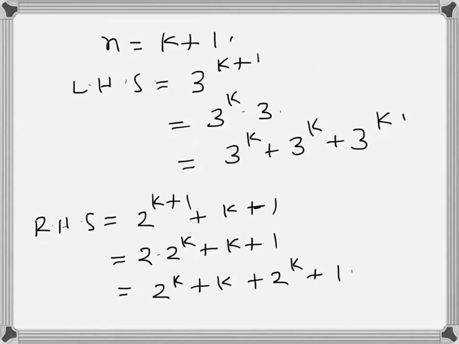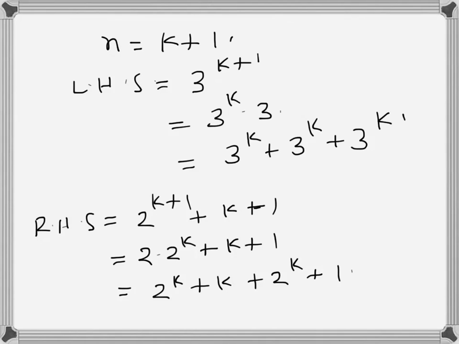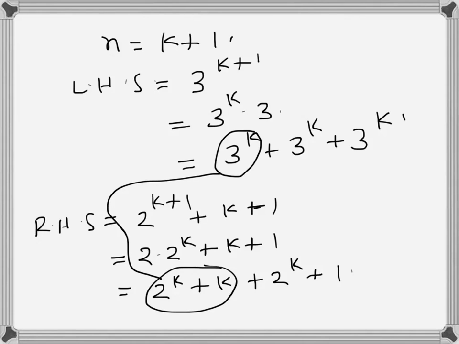Now we have assumed here that 3 to the power k is greater than or equal to this one. So basically here we have one 3 to the power k that is greater than this whole part. And then we have another 3 to the power k, which is, of course, greater than 2 to the power k plus 1, because k is not 1, it is greater than 1 now.